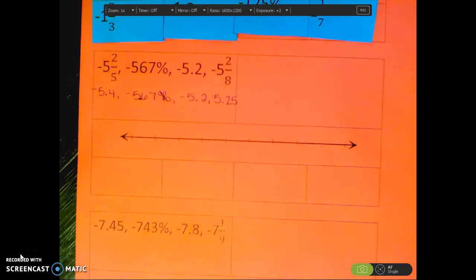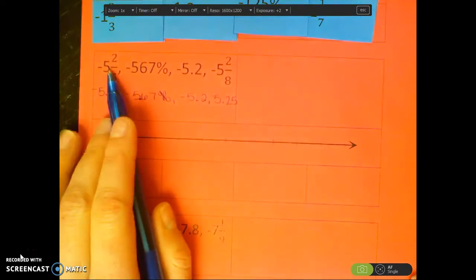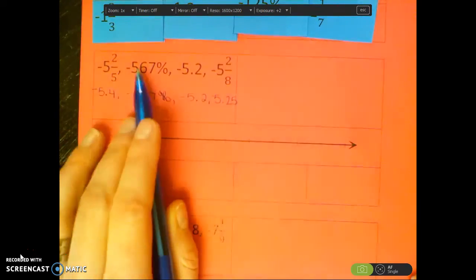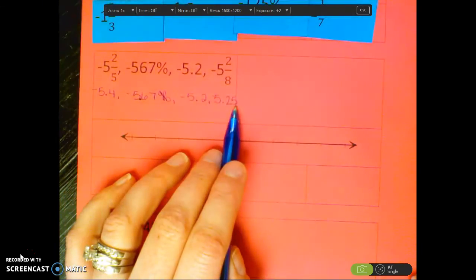So, now that we've done this, you should check negative 5.4, negative 5.67, negative 5.2, negative 5.25.